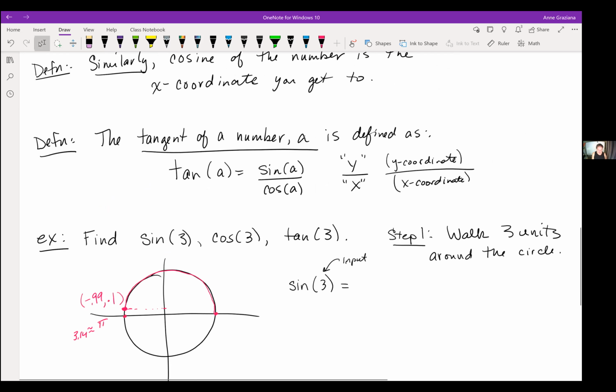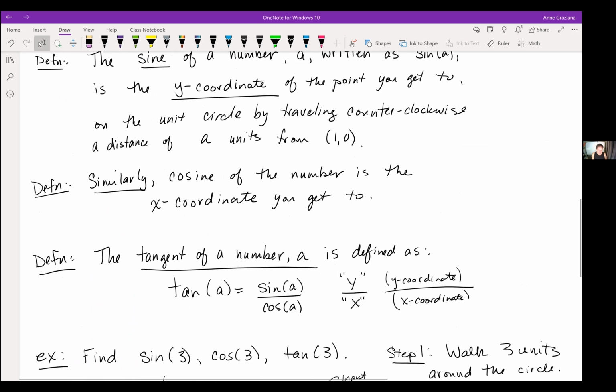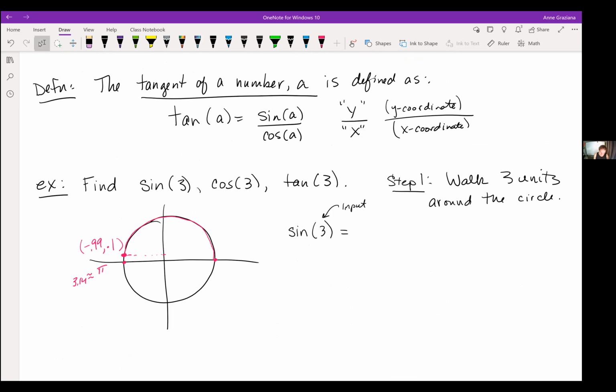According to this definition, sine is the y coordinate, so that would be 0.1. Everybody see that? My input is the distance, my output is the y coordinate.